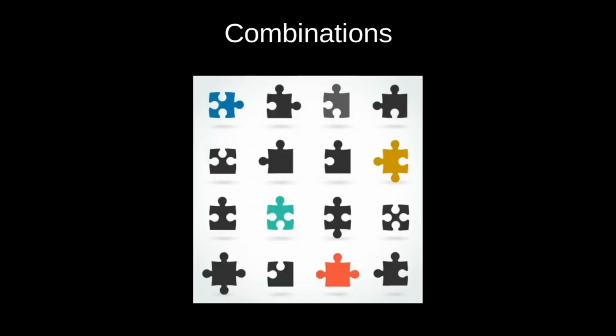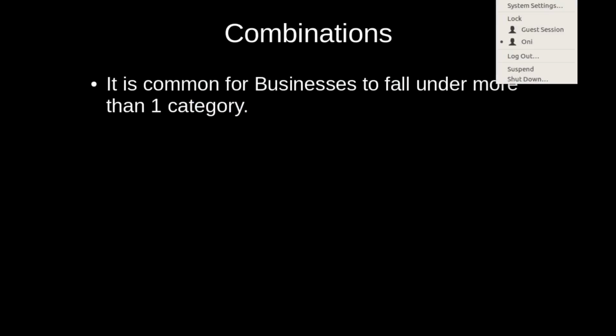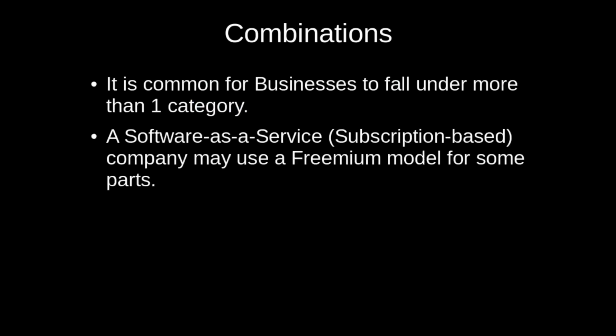Now, combinations of these are far more popular these days. It used to be much easier to define a business as what type of model it is. But with the internet and with multiple revenue streams, it's become a lot harder to do one model, and far more frequently we'll see combinations. So for instance, we'll have a software as a service subscription based company, which will offer some of its services for free and then offer its premium services using a subscription.